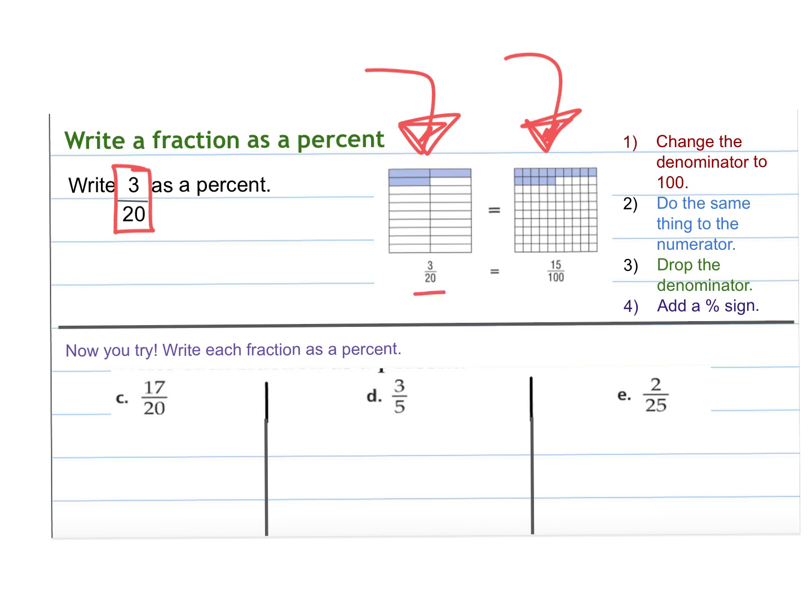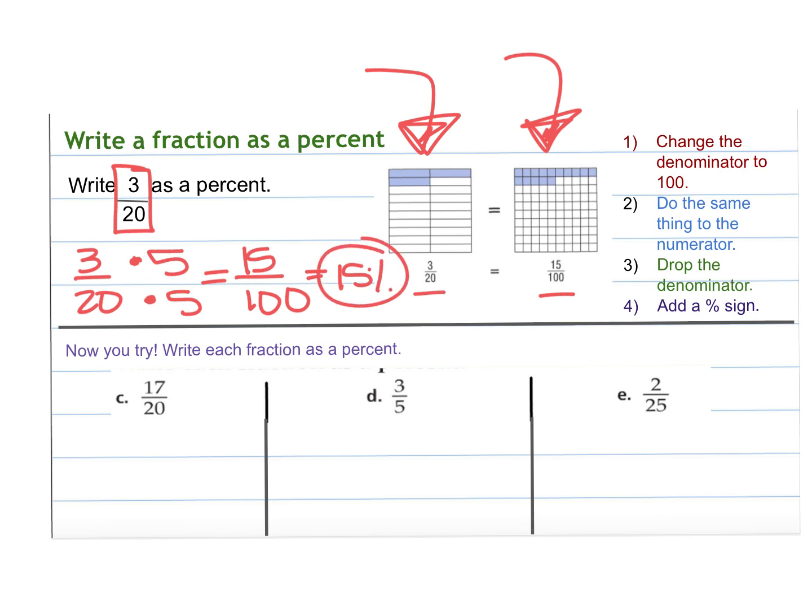We can see that 3/20ths is the same as 15/100ths. We also know that because if we multiply 20 times 5, I would do the exact same thing on the top, which would get me 15/100ths. 15/100ths then is 15%. We drop the denominator and add a percent sign.